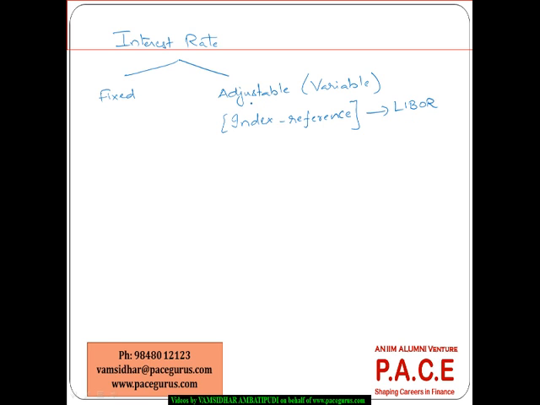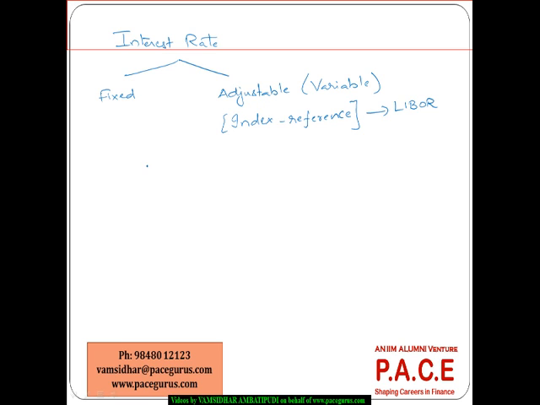Whereas in some cases, it could change irrespective of that. So wherever it is index reference, the interest rate will change based on some kind of market based reference like LIBOR. And today, these residential mortgages are structured in pretty different ways.